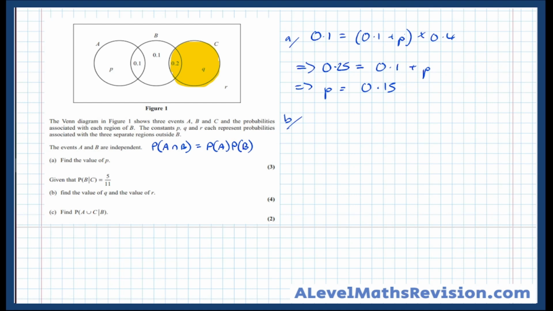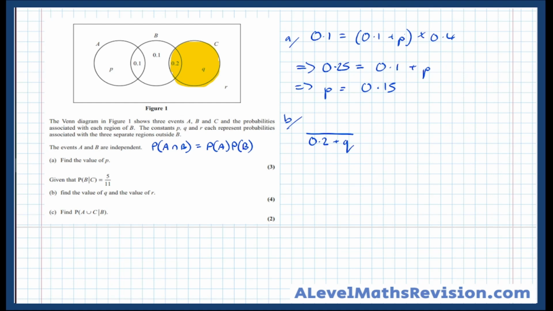If we're talking about the whole diagram, all the probabilities add up to 1. But now that we're just given that C has happened, the probabilities no longer add up to 1. They just add up to the numbers I've highlighted. So the denominator is no longer 1. It's 0.2 plus Q. Everything is out of that now. We're only allowed to use numbers in C because we're given that C has happened.